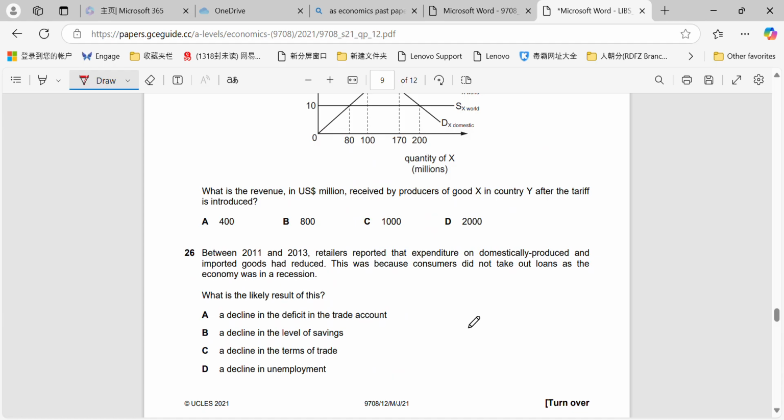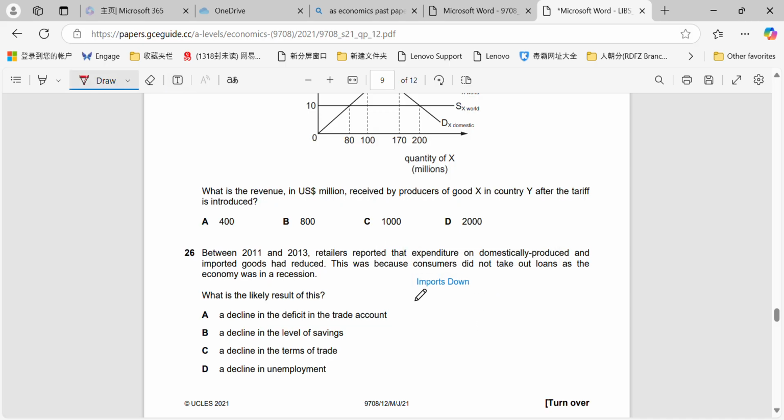Between 2011 and 2013, retailers reported that expenditure on domestically produced products and imported goods had reduced. This was because consumers did not take out loans as the economy was in a recession. What is the likely result of this? Okay, so very simply, imports have gone down, right?